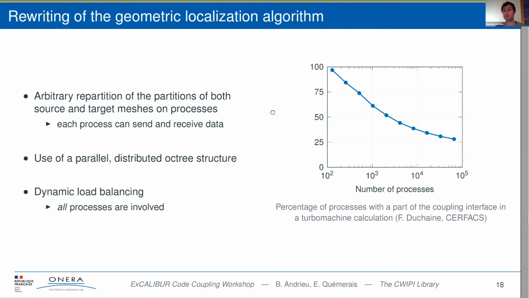Now all processes are involved, and this is quite important, as shown on the diagram on the right, which shows that in a typical turbomachine calculation, very few processes are actually involved in the coupling. This might be a bottleneck in applications such as the one I showed just earlier.